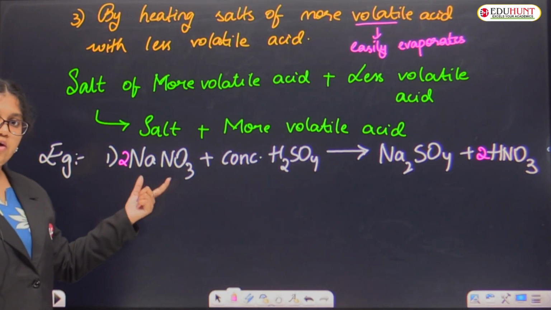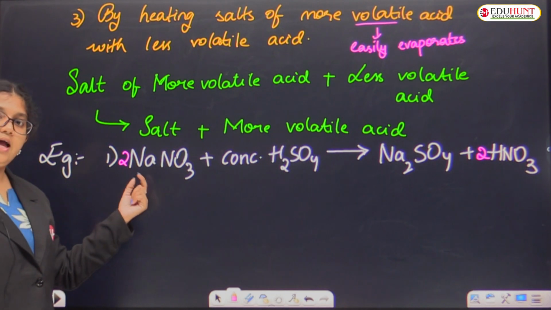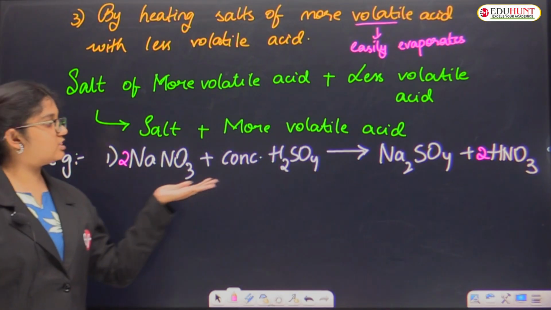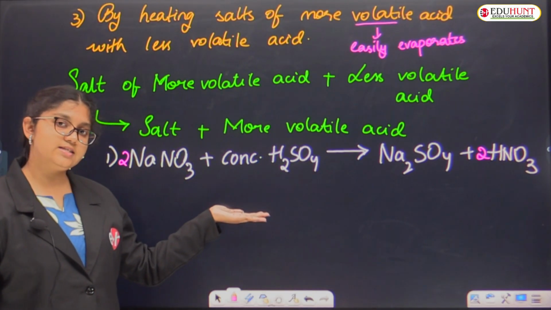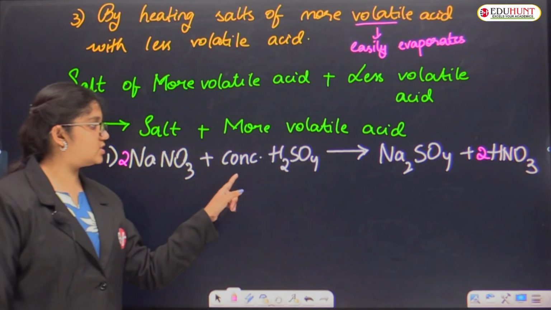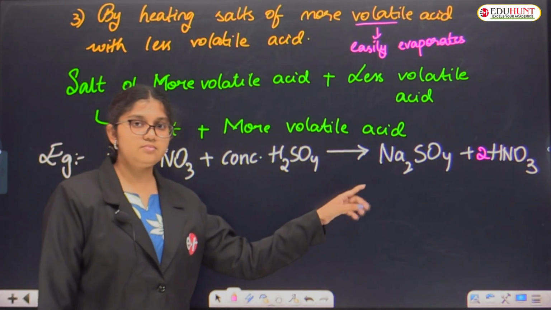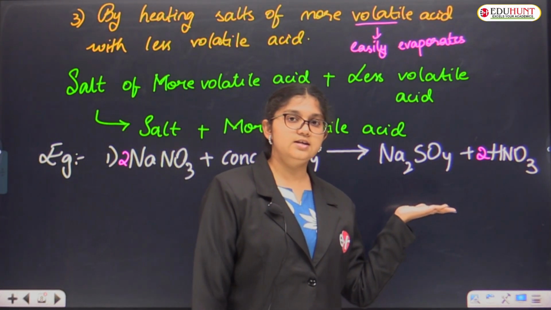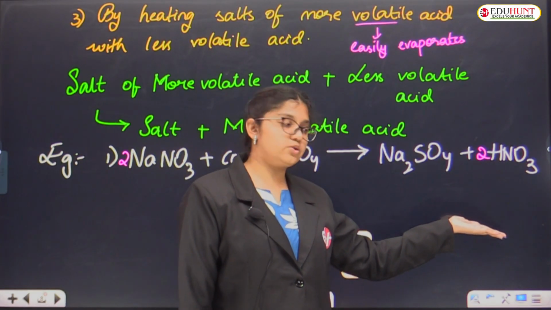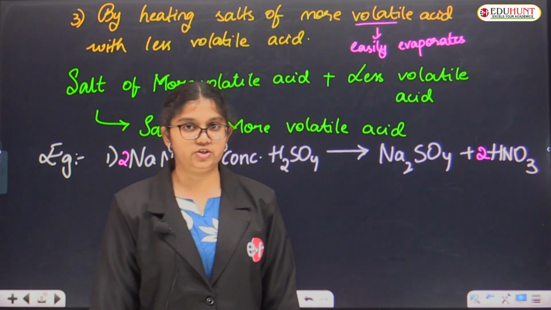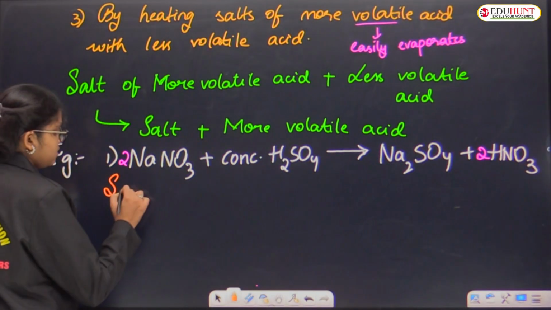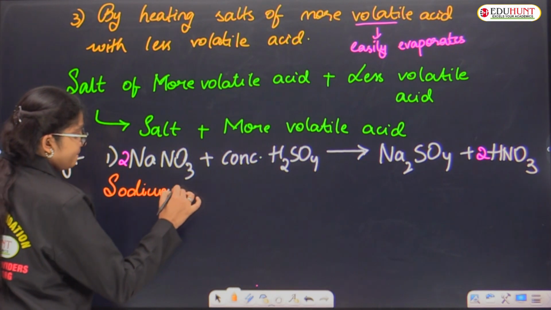When a salt of more volatile acid, what is this? NaNO3 is a salt of more volatile acid, reacting with less volatile acid. What is less volatile acid here? Concentrated. CONC means concentrated acid. Concentrated sulfuric acid gives rise to, what is salt over here, children? It is a salt, Na2SO4, and gives rise to more volatile acid. What is more volatile acid over here? HNO3. I'll write the names for you. This is called sodium nitrate.